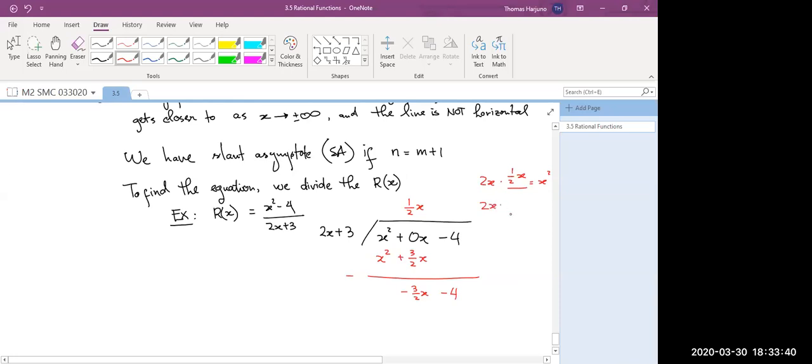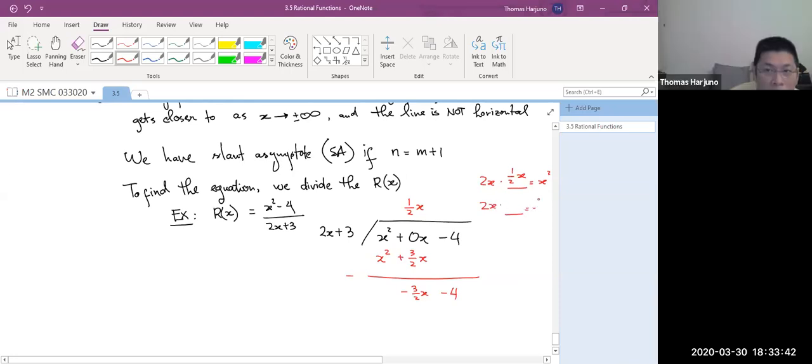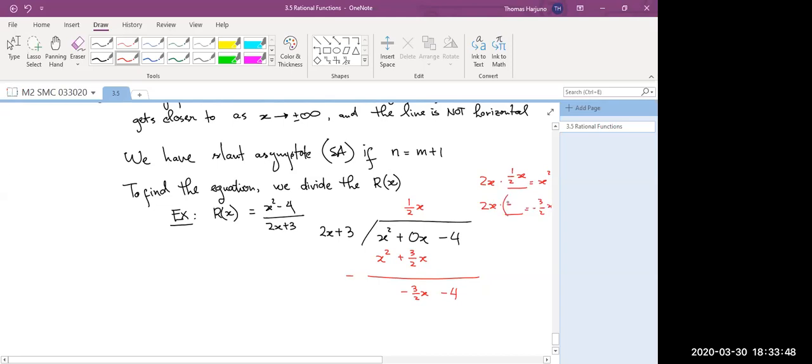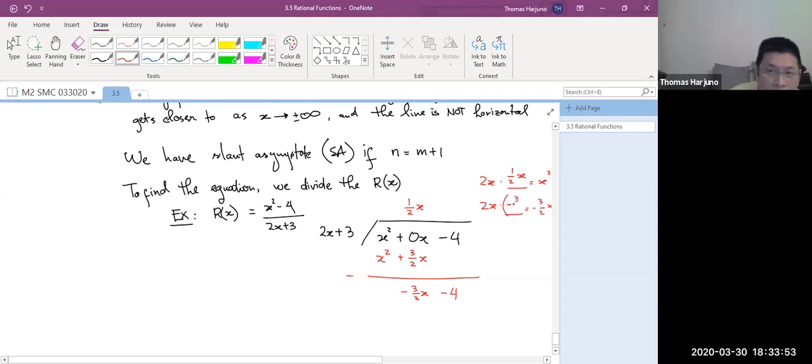Now we repeat the procedure. 2x times what gives me negative 3/2 x? There should be a negative to change the sign. I need a 3, but divided by 4. So I have minus 3/4 here to get negative 3/2 x minus 9 over 4.